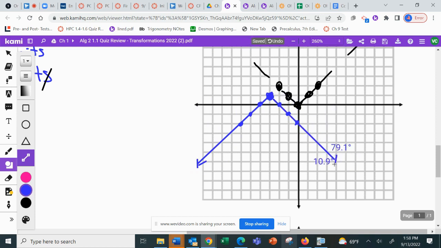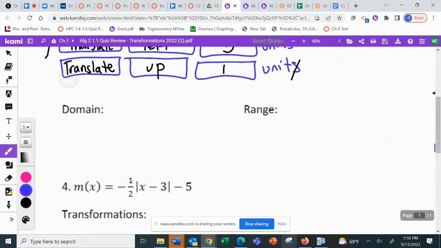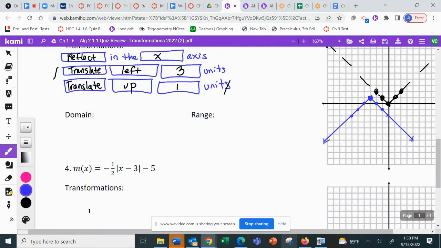All right, the last one. Oh, no, I didn't finish. Domain and range. Justine, what's the domain? All real numbers. Look at that. We've caught on to a pattern. Cameron, can you help me with the range? Can you speak up a little bit?